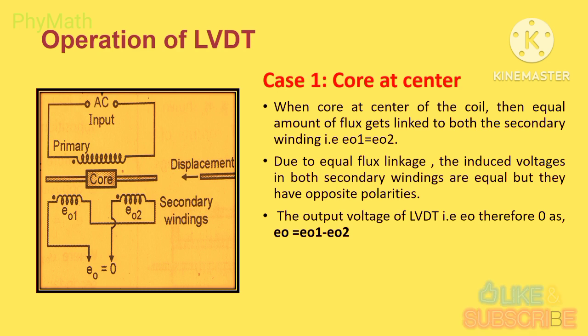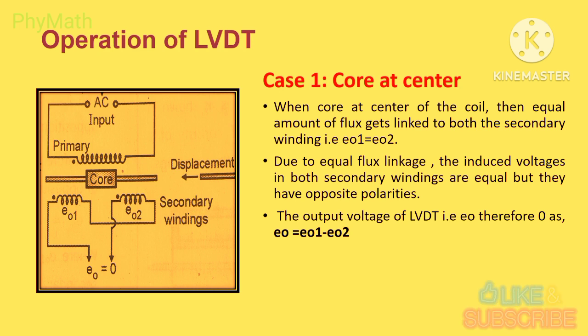Now when the core is at the center of the coil, an equal amount of flux gets linked to both secondary windings, secondary winding 1 and secondary winding 2. That is, EO1 equals EO2.